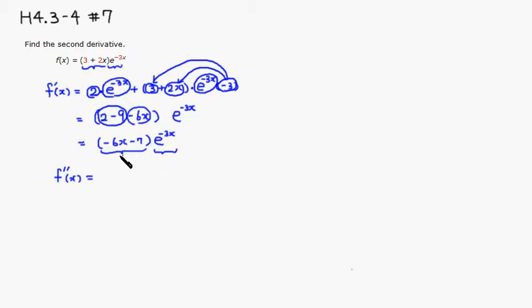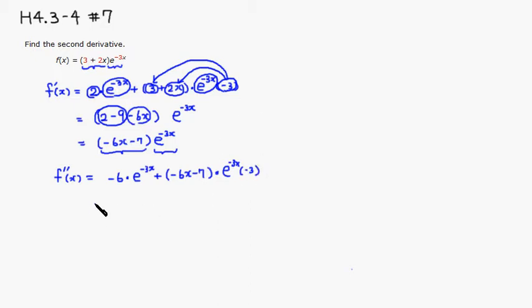So the derivative of the first guy is negative 6 times the second, e to the negative 3x, plus quantity negative 6x minus 7 times the derivative of the second guy, which is e to the negative 3x times negative 3.